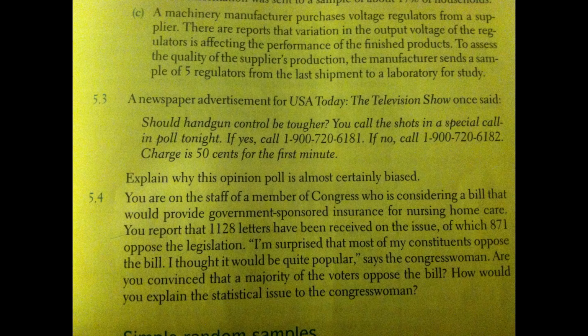You report that 1,128 letters have been received on the issue, of which 871 oppose the legislation. I'm surprised that most of my constituents oppose the bill. I thought that it would be quite popular, says the Congresswoman. Are you convinced that a majority of voters oppose the bill? How would you explain the statistical issue to the Congresswoman?